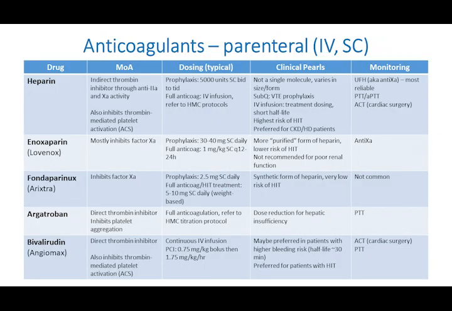It's getting kind of busy with this slide, but I just want to give you guys a very detailed look over the different anticoagulants. So on this slide, we'll talk about parenteral agents, meaning IV and sub-Q agents. And on the next slide, we'll talk about oral anticoagulants.